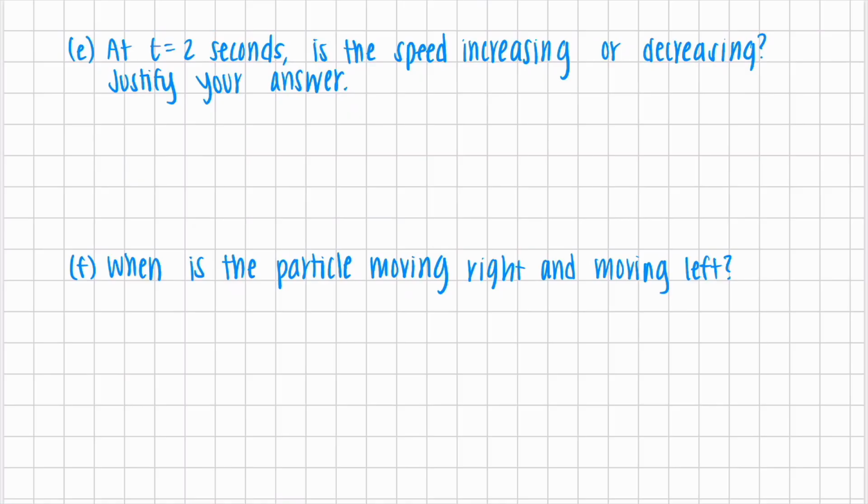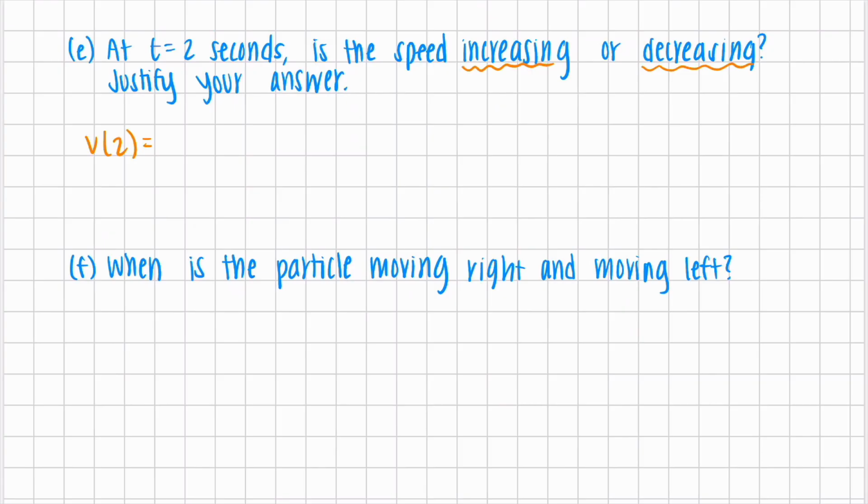says at 2 seconds, at t equals 2, is the speed increasing or decreasing? Justify your answer. So we know that the speed is increasing when velocity and acceleration have the same sign. We know speed is decreasing when velocity and acceleration have different signs. So we've already found both of these values.